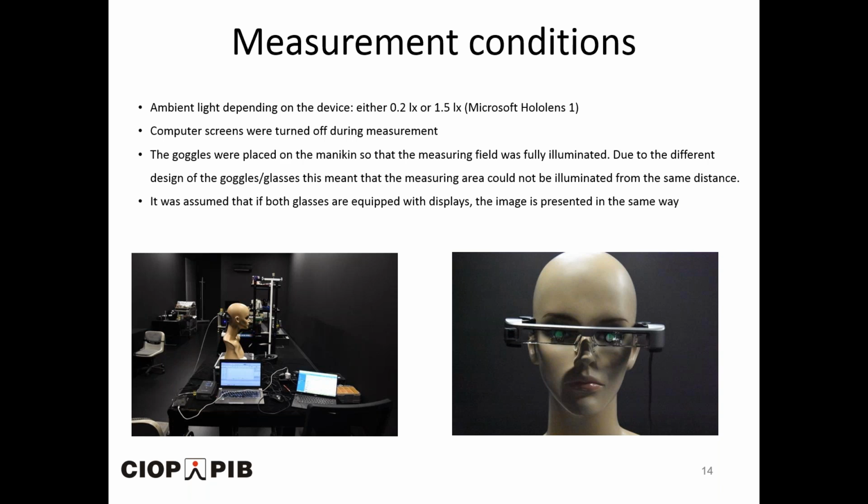I'm not sure if you are able to see this, but on this mannequin we were using the right channel, and we were trying to always illuminate the measuring area fully.